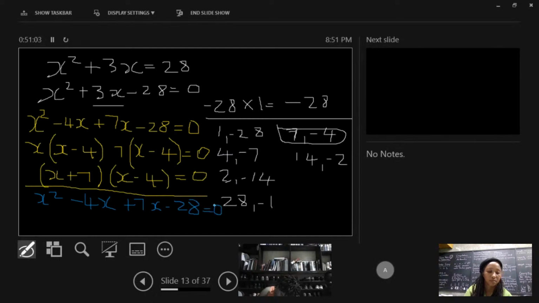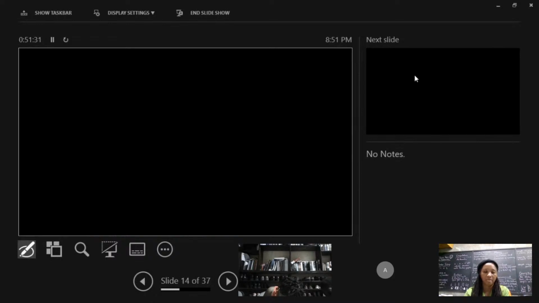So x squared, negative 4x plus 7x is 3x, minus 28 is equal to 0. And that was our original equation. See, we get back our original equation. So we can expand factors to get back our original quadratic equation or expression.